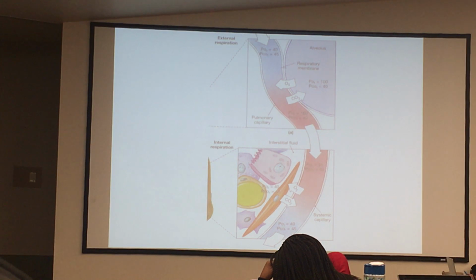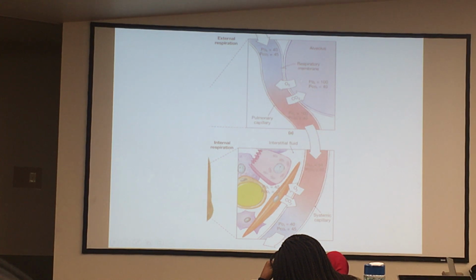Gas always goes from higher pressure to lower pressure. In the alveolus, the partial pressure of oxygen is 100, and when the blood returns through the pulmonary artery, the oxygen is down to 40. So 100 is greater than 40, so oxygen moves in.